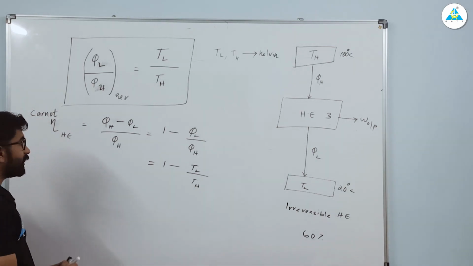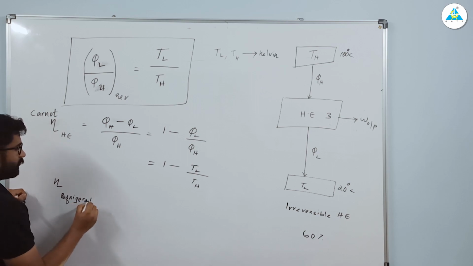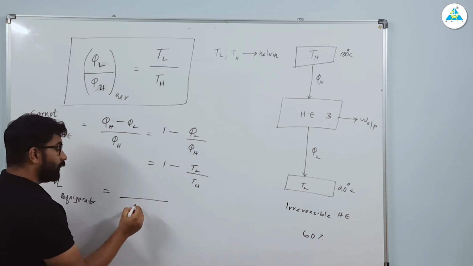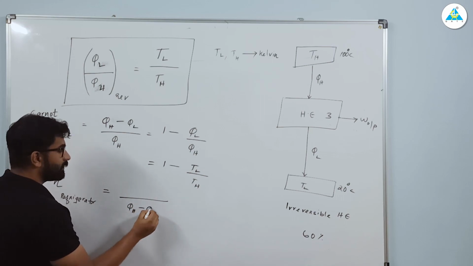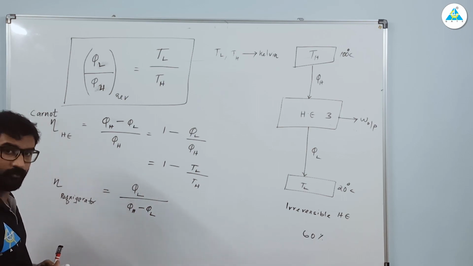Now, what about a refrigerator? What is the equation for efficiency of a refrigerator? Out of the work input, which we write as QH minus QL, how much heat are we able to take from the fridge.